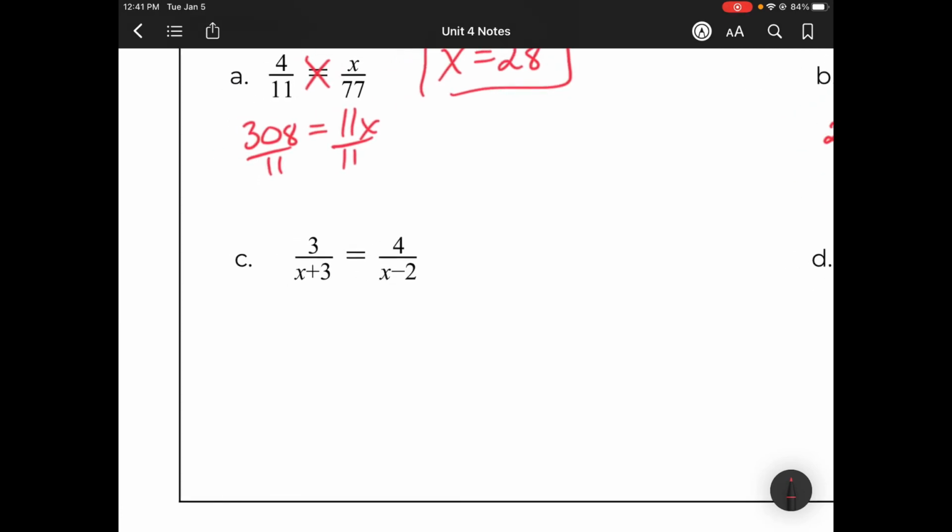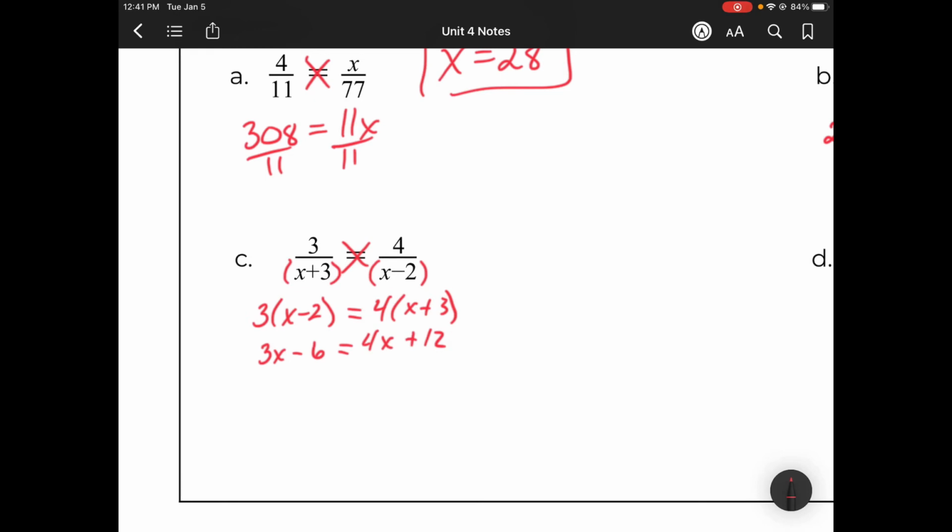And as we continue to move on, it gets a little more complicated. This time there are two quantities that have something other than just x. Both these denominators are considered binomials. They have more than one term. So when we cross multiply, we need to distribute in both cross products. 3 times the quantity x minus 2 has to equal 4 times the quantity x plus 3. We distribute on both sides, giving us 3x minus 6 equals 4x plus 12.